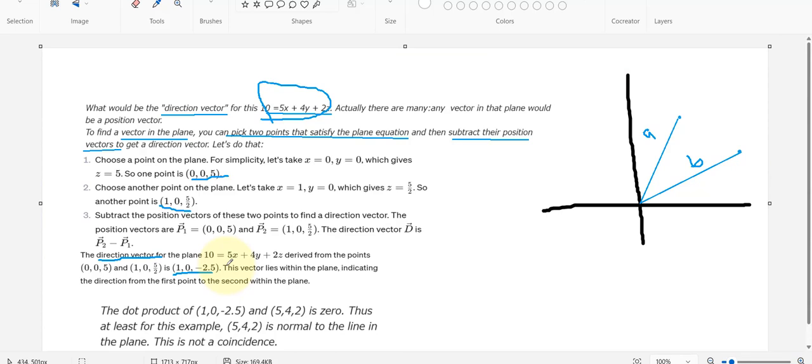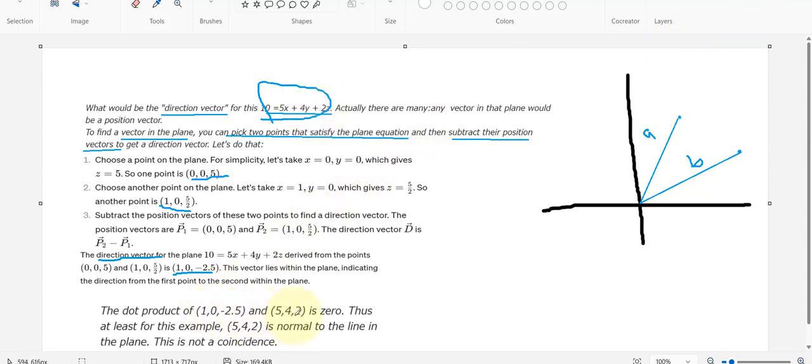Okay, and then once we have that, our claim was that we can still do this trick of taking the coefficients of x, y, and z from the plane equation, so 5, 4, 2, and if we dot that with our direction vector, then that is going to be 0. In other words, they're going to be perpendicular. In other words, doing this 5, 4, 2 does give us a normal vector to the plane.